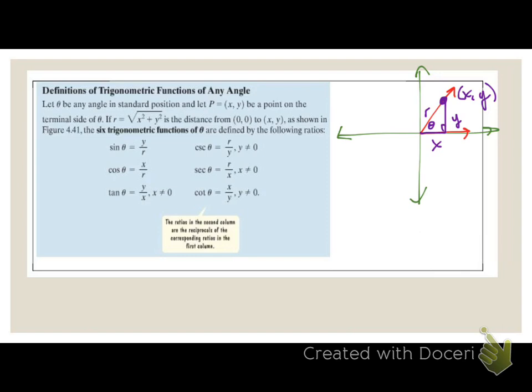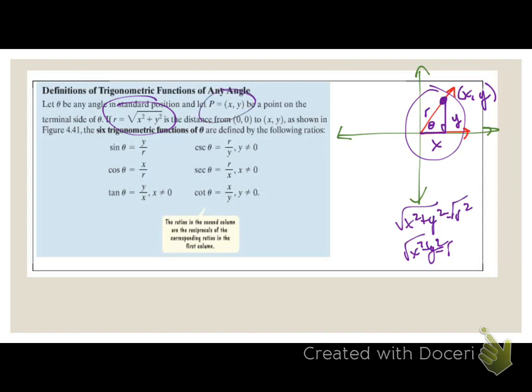So what does that mean? It means we have to know what r is. Well, if you go to this right triangle and you wanted to find r, then you could just use Pythagorean theorem. Or square root both sides to get just r, and you're going to see what you see in the box there. And that is r comes from squaring x, squaring y, adding them together, and square rooting.